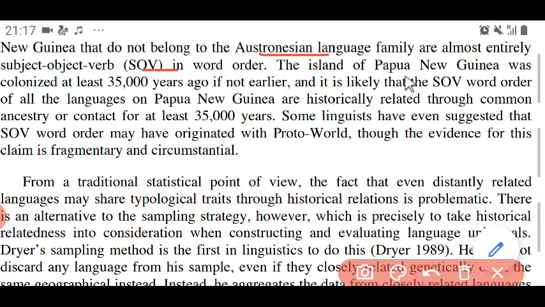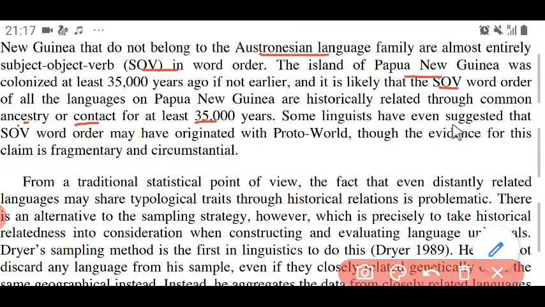The island of Papua New Guinea was colonized at least 35,000 years ago, if not earlier, and it is likely that the SOV word order of all the languages on Papua New Guinea are historically related through common ancestry or contact for at least 35,000 years.